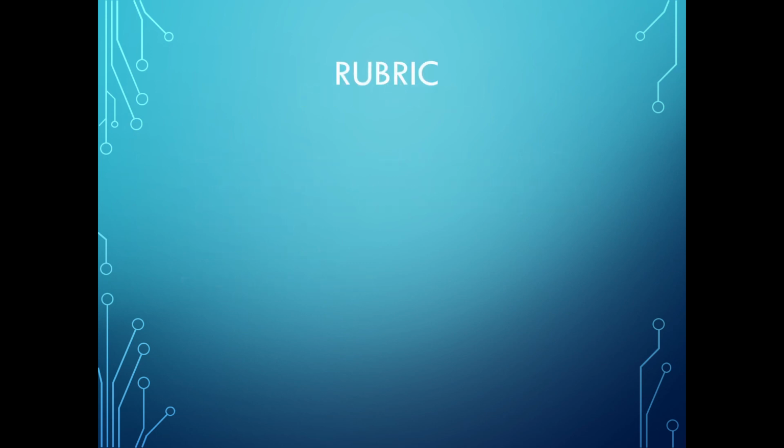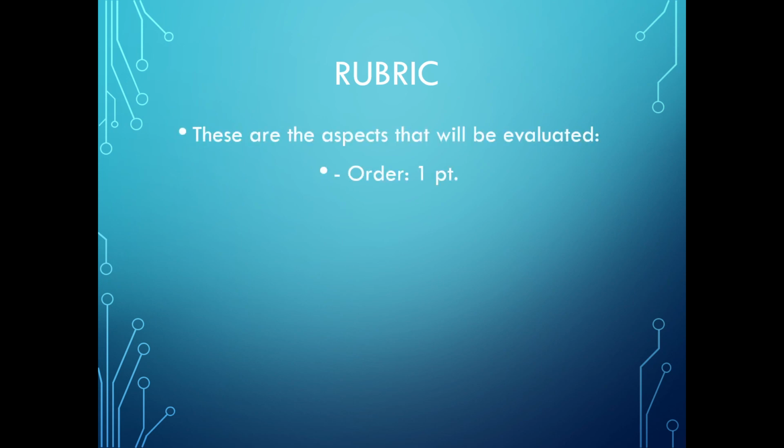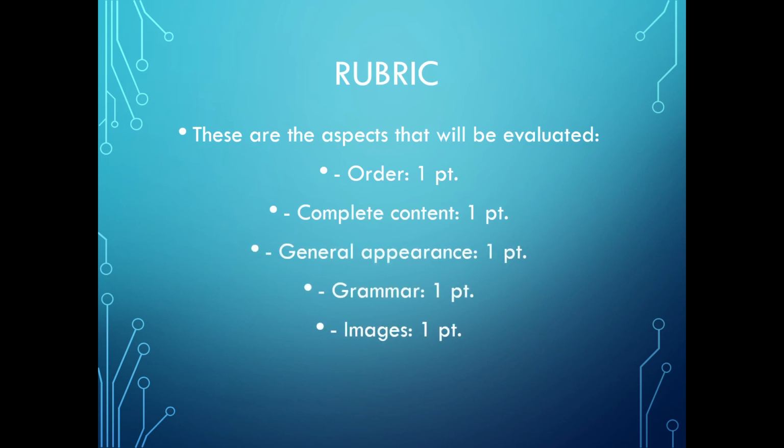What is the rubric I'm going to use to evaluate your summaries? I'm going to be evaluating your order, 1 point, complete content, 1 point, general appearance, 1 point, grammar, 1 point, and lastly, images, 1 point.